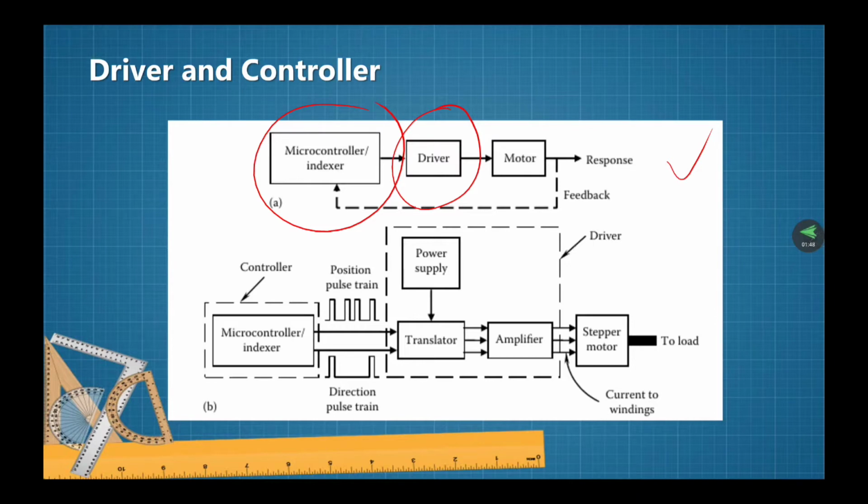Motor, microcontroller, driver, to make the motor work, and it gives a response. A feedback control has to be sent, or we can use an optical encoder and feed it back into the controller.